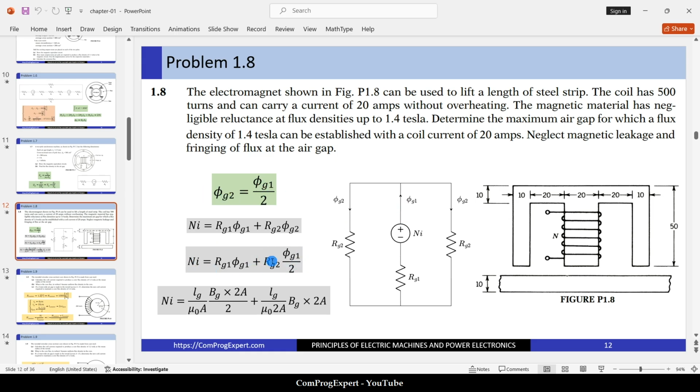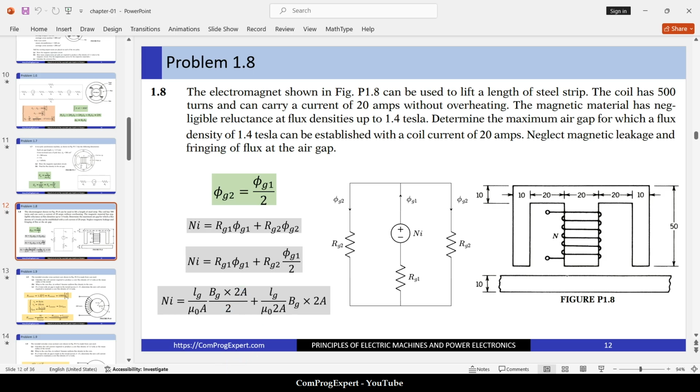And the reluctance for the air gap 1 is equal to L gap divided by mu 0 A, times the flux B gap times 2 times A divided by 2.